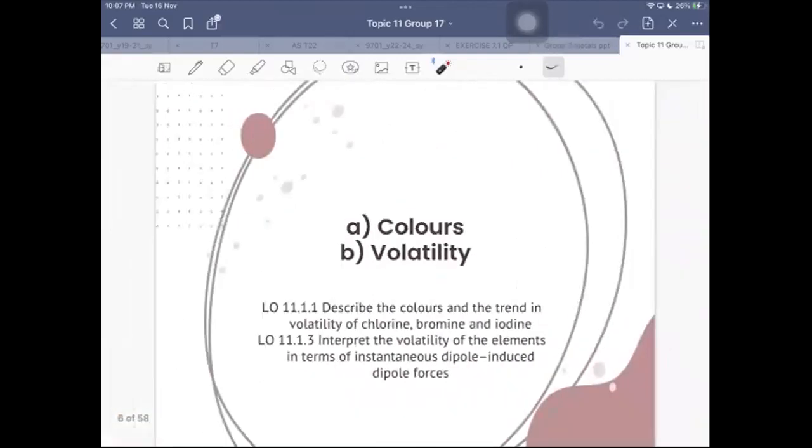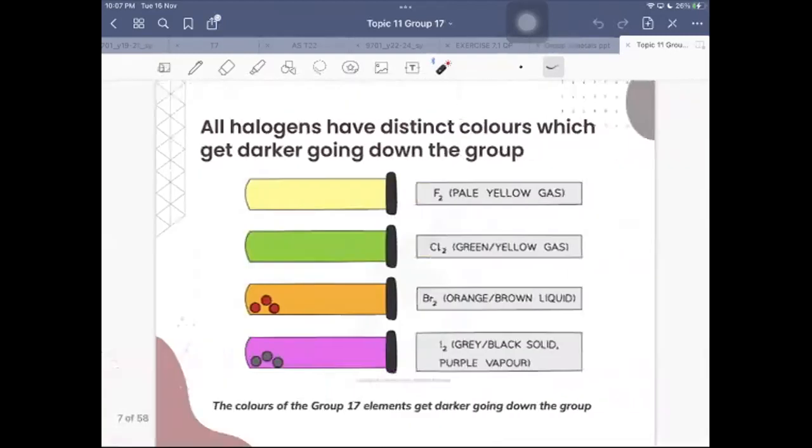The first learning objective is looking at the trend of the physical properties for your elements. We will be looking at colors and volatility. You have to describe the trend and explain it, okay? So the colors of the halogens, they are getting darker as you go down the group.